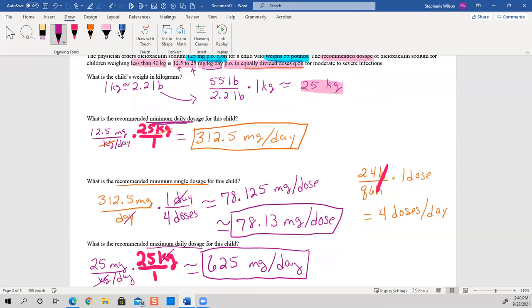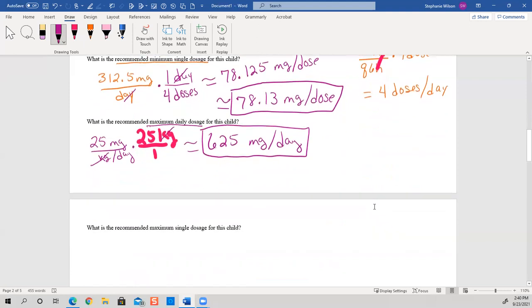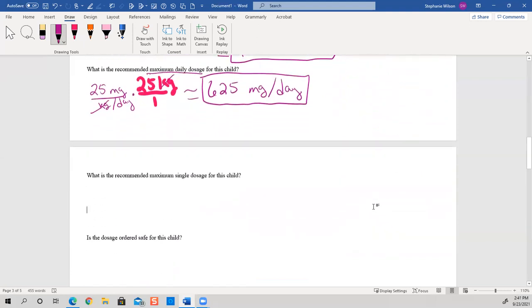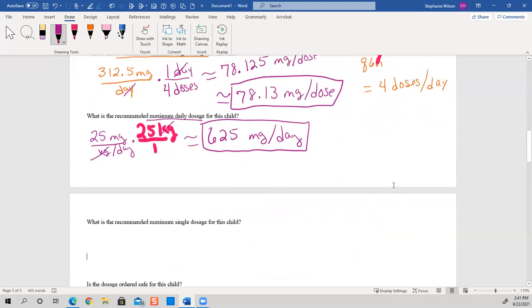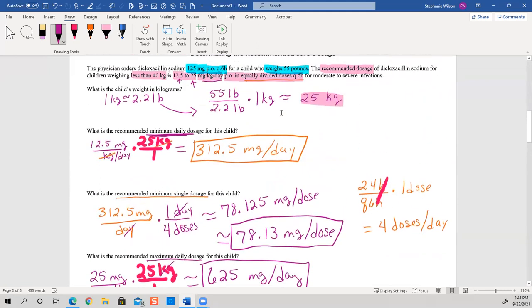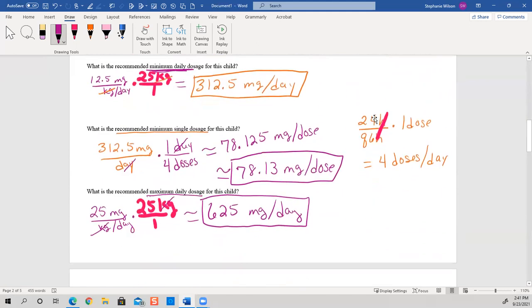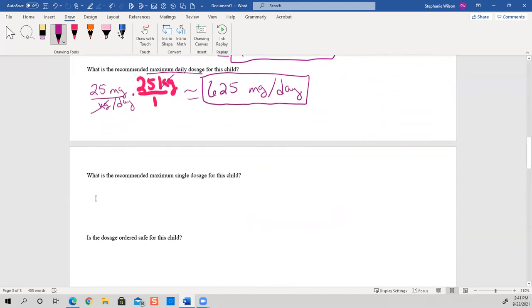So the last thing I need to do now is figure out what is the maximum single dosage. And again, up here, because it said every 6 hours, 24 hours divided by 6 hours gives me 4. So it's 4 doses per day. So now all I need to do is take the 625 milligrams per day, set up my needed conversion of 1 day is 4 doses in 1 day.